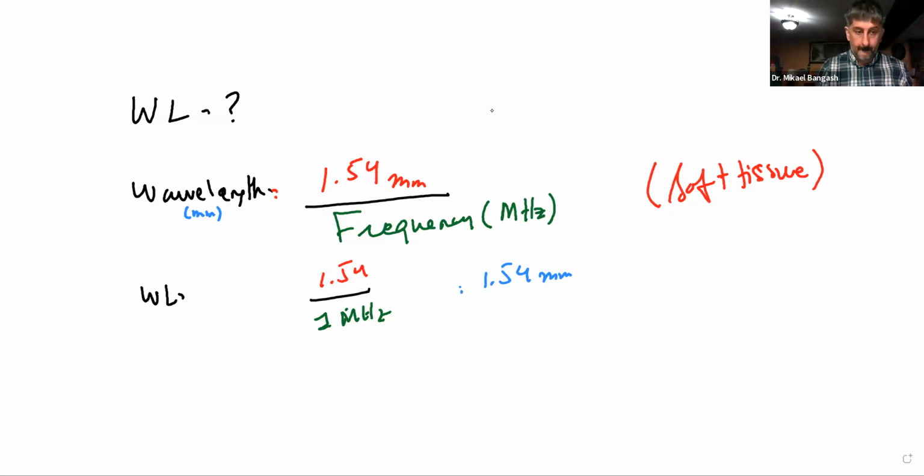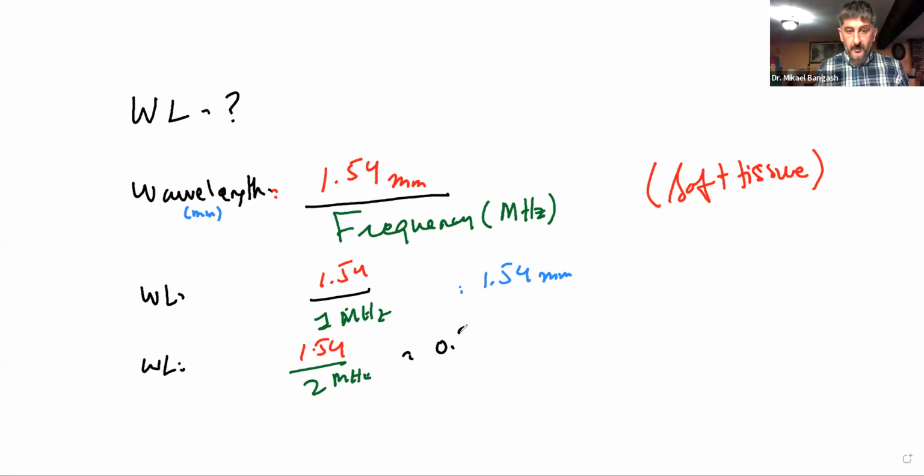Now, what's going to be the wavelength if the frequency of your transducer is 2 megahertz? Then that's 1.54 divided by 2, which is roughly 0.77.